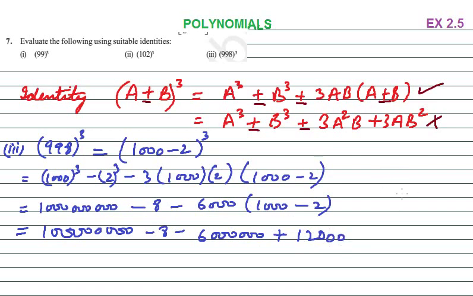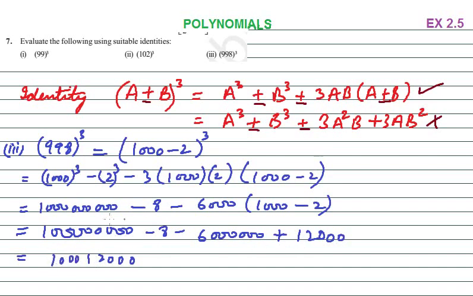Now at last what you have to do is you have to calculate all these. So what I'm going to do is I'm first of all adding this and this term. Why? Because they are both positive terms. So how much will it yield? 3 zeros will remain as such, then comes 2, then comes 1, and the other 3 zeros and 1 again.